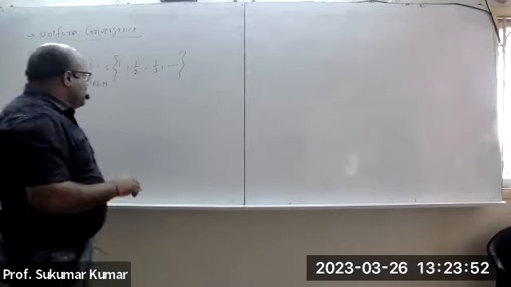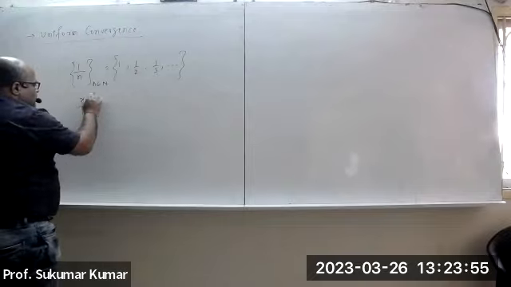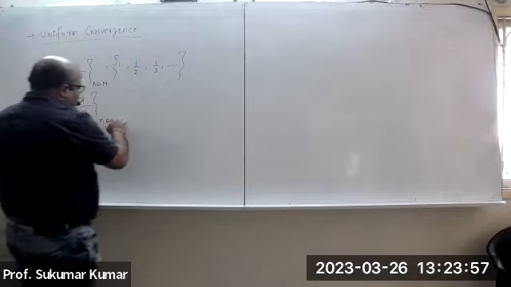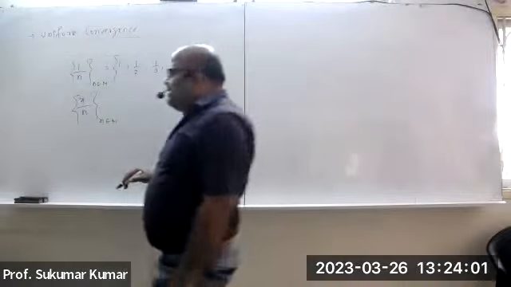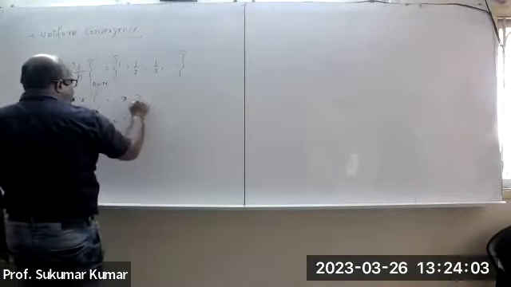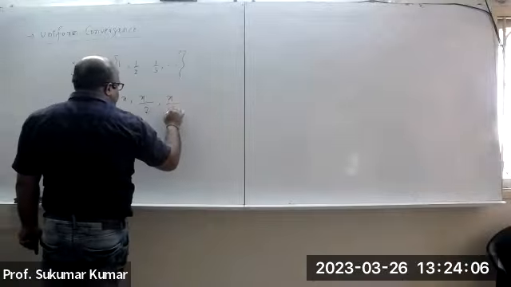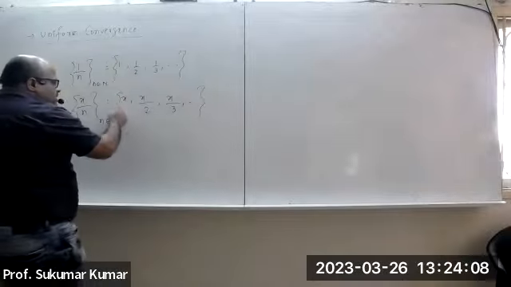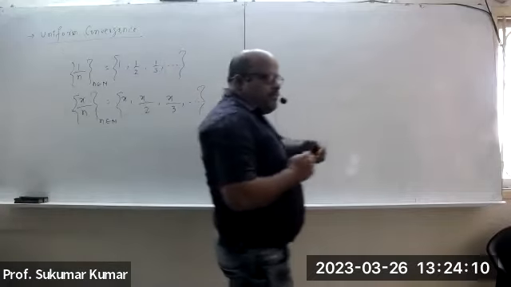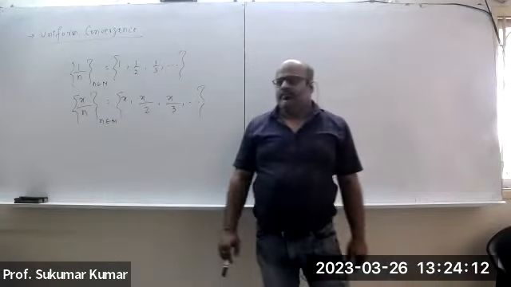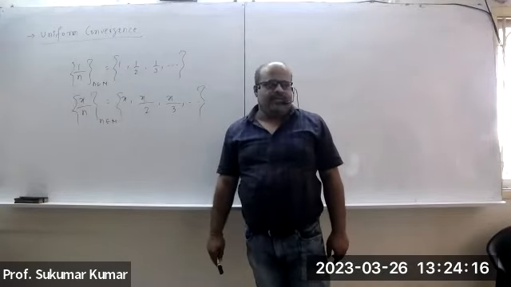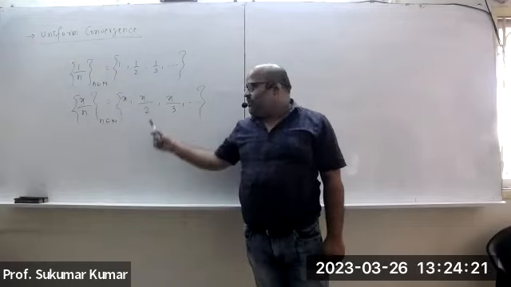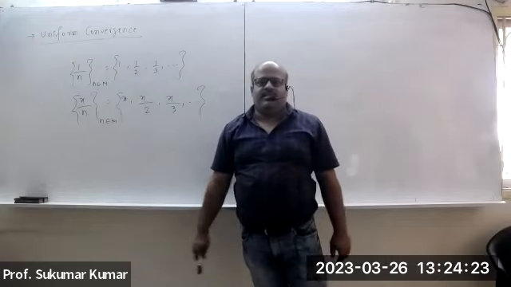But suppose I give x by n, and here I put n a natural number, then this is a sequence of functions. So this is the difference, and about this we are going to discuss in the uniform convergence chapter.